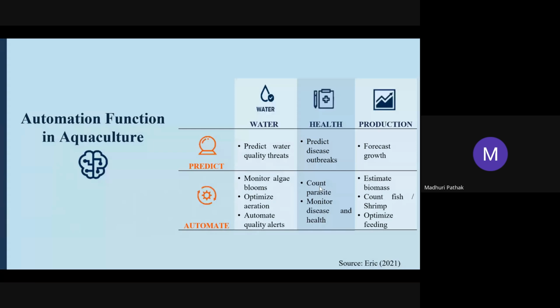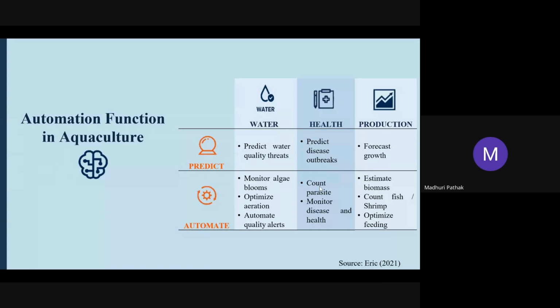So we need to predict the water quality, then predict the disease outbreak also, and forecast the growth of the fish or the shrimp. So what can we automate? We can automate the monitoring of algal blooms and optimize the aeration. As I said in the last slide, we can automate the aeration switch on and off based on the regular data of the dissolved oxygen content in the pond, and then automate the quality alerts.